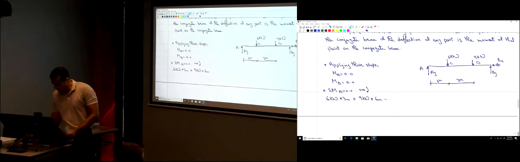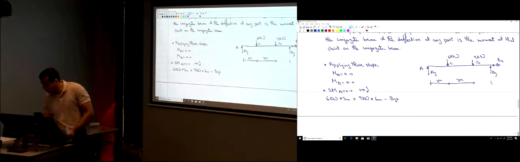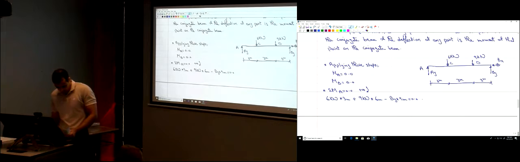And then minus BY multiplied by its distance to point A. How much is that distance? 9 meters, equal to 0. So from this, we can find BY. So BY is going to be equal to 8 kilonewtons.